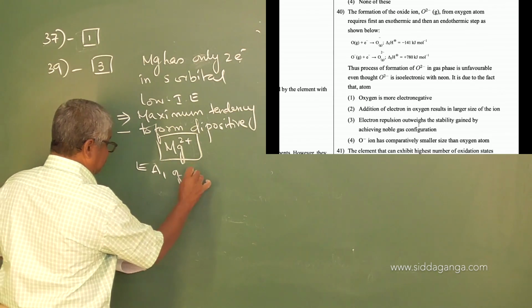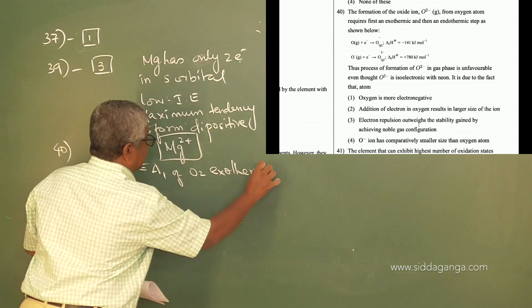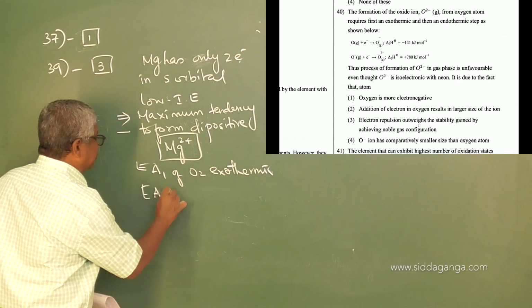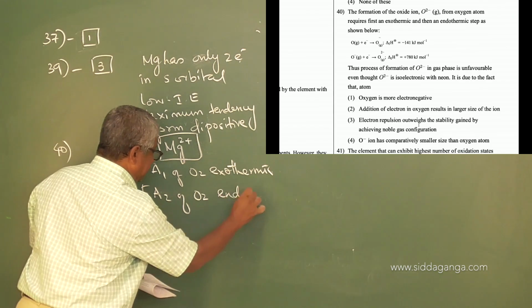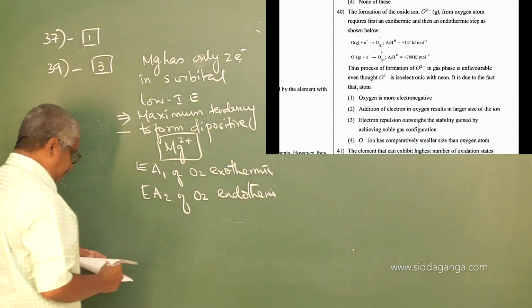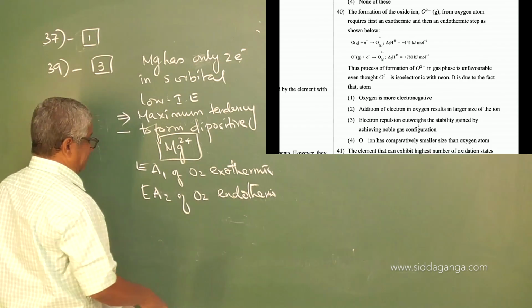EA1 of oxygen is exothermic. EA2 of oxygen is endothermic, because of electron repulsion and noble gas configuration.